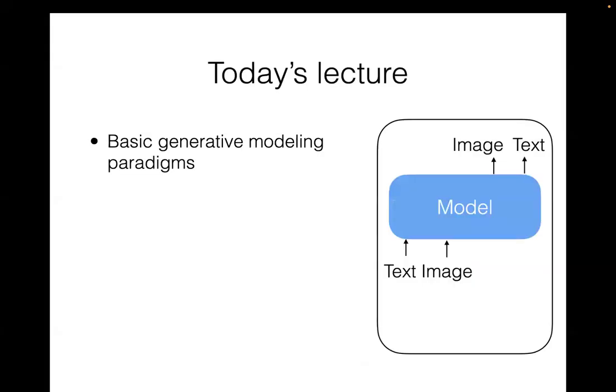So first, since we're going to talk about not just autoregressive models, especially in this lecture and the next one, I'm just going to go over a broad overview of some of the major paradigms for generative modeling, and that'll give us some footing for some things that we'll talk about today.